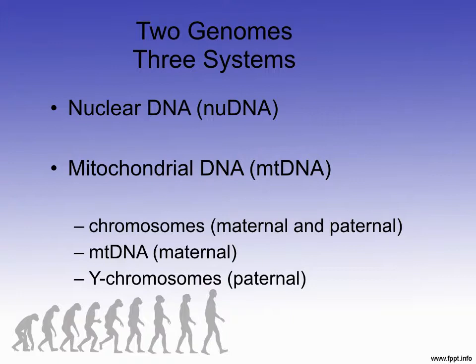What we'll talk about a little bit later in the quarter, and for those of you who explore biological anthropology further by taking additional courses, you might take some courses where we talk about how we use DNA to answer anthropological questions. Can we look at DNA variation and how it relates to and informs us about cultural practices? So that is why I say 2 genomes, 3 systems.